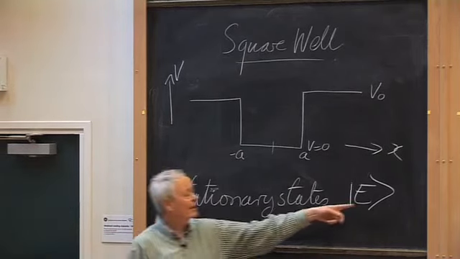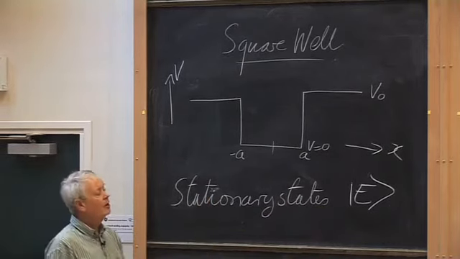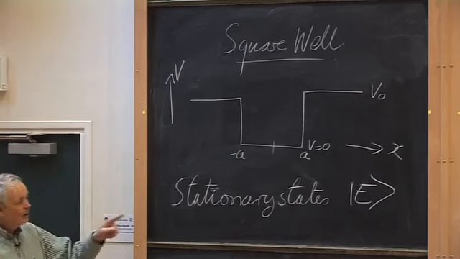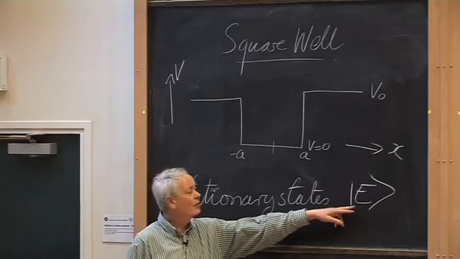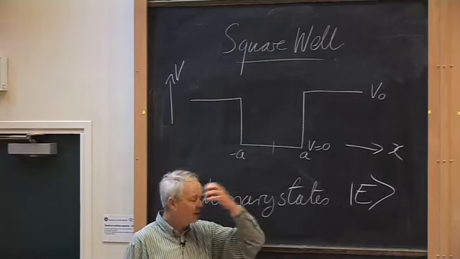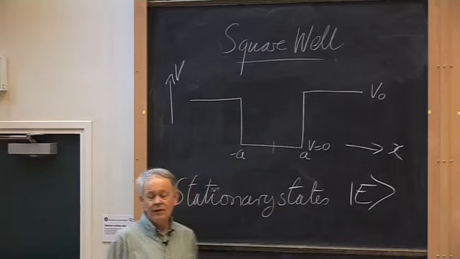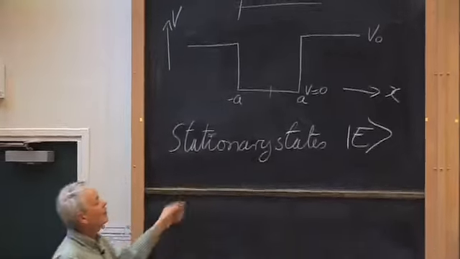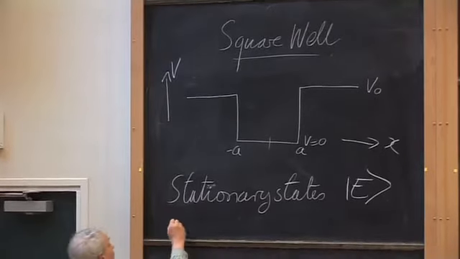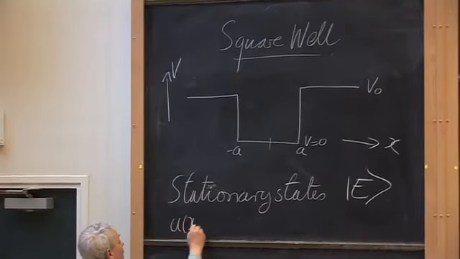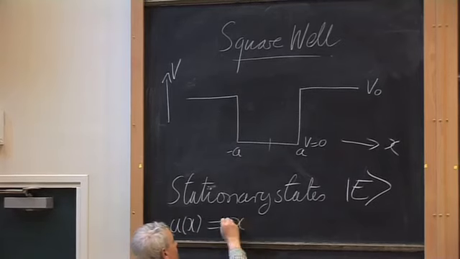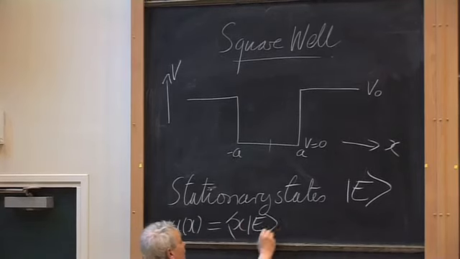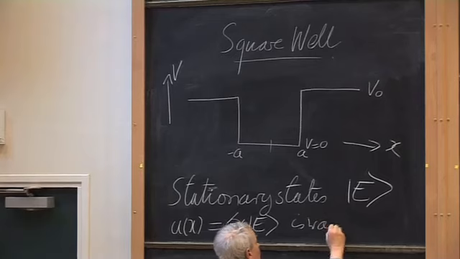Once we know what all these things are, we can express any arbitrary initial condition as a linear combination of these things, and we can time evolve it in a simple way, as we saw last term. So we're going to find these things, and they're going to have wave functions, which we'll call u of x.